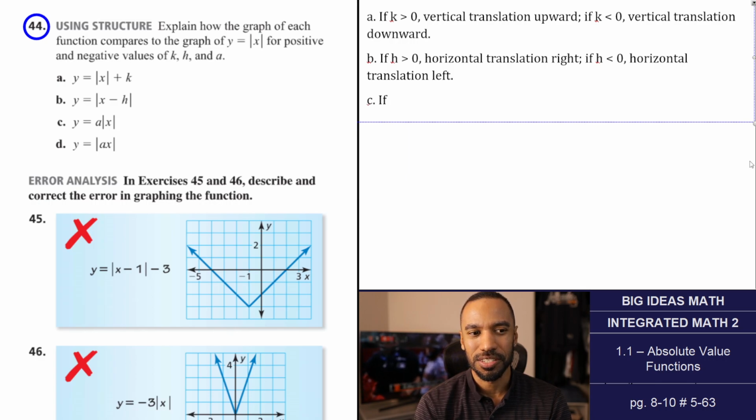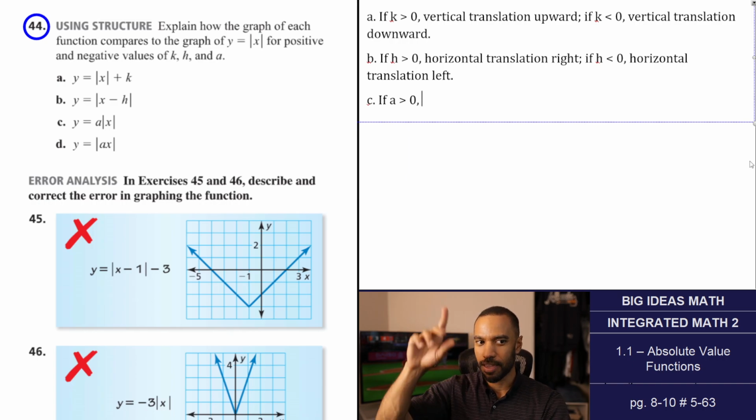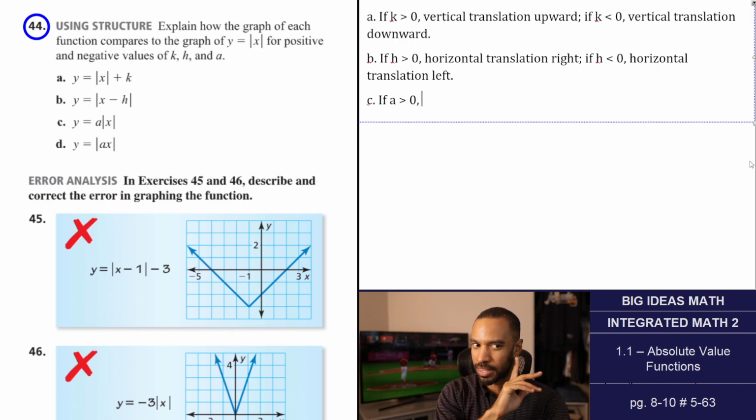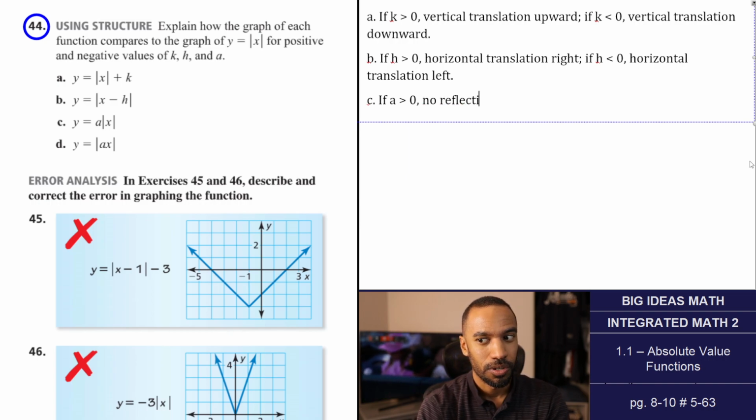So if A is greater than 0. Okay, what do they want? How the graph of each function compares to the graph for positive and negative values. I don't think we have to say if A is greater than or less than 1. I'm not going to talk about the stretches and compressions. No reflection.